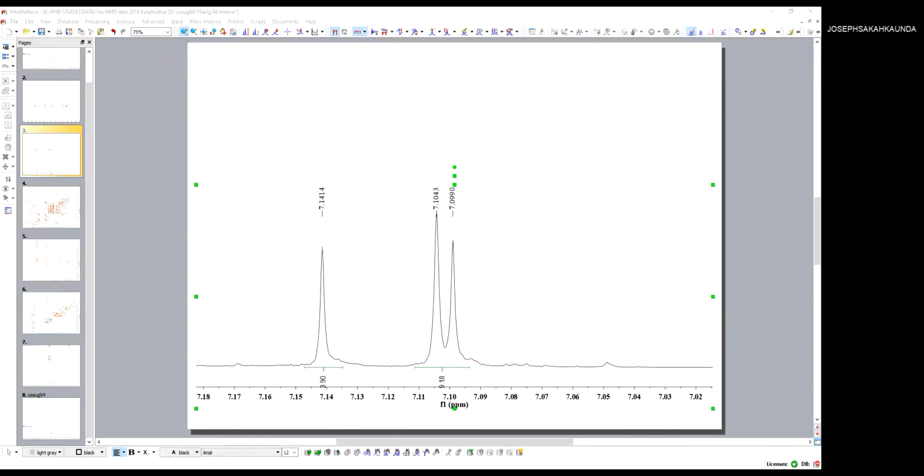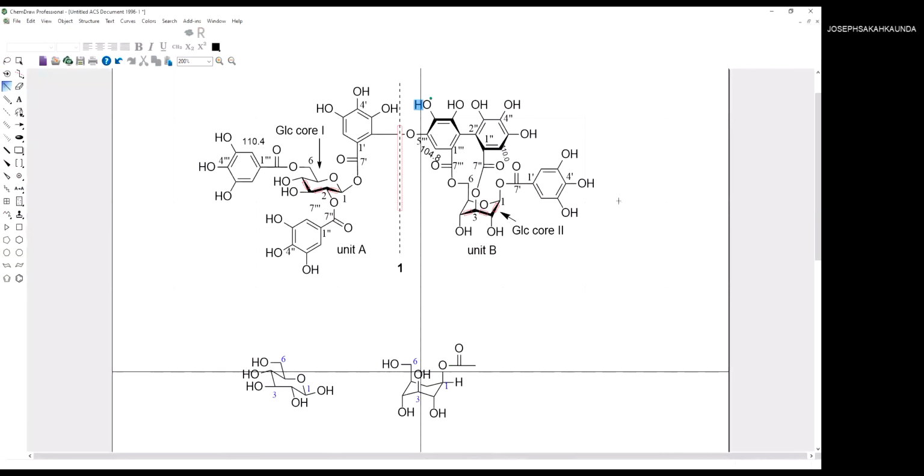let me share screen again. ChemDraw, share. This is how we draw the galloyl group. You have 2 protons here, identical. If this is 2.1, this 2 is 2.1.